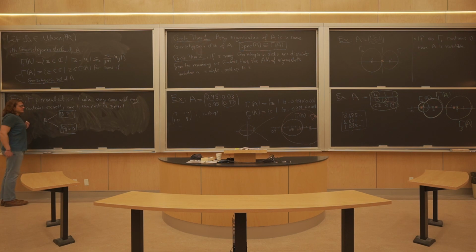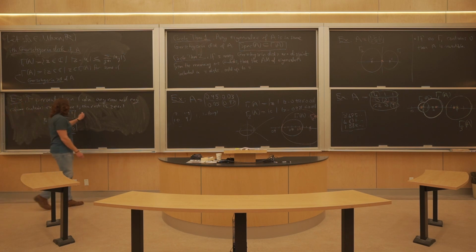If this is 1, well, in the ith row, this is the only entry that is 1. That means that the remainder are 0, which means that the ith Gerschgorin disk is going to have radius 0, and it's going to be centered at 1. So it's just telling you that this is an eigenvalue.